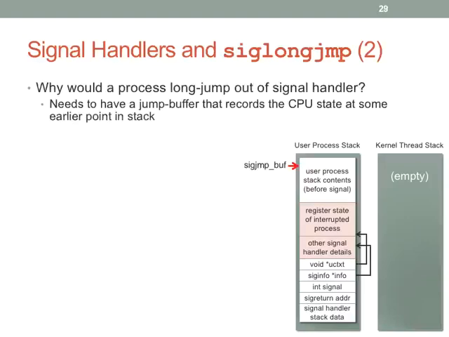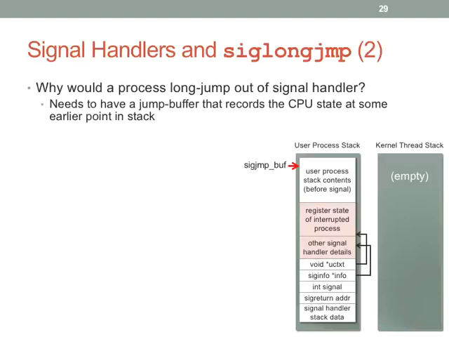So why would a process longjmp out of a signal handler? Remember that somewhere there will be a jmp_buf, or if they're writing a good program, it'll be a sigjmp_buf, because they want to make sure they're doing a siglongjmp out of the signal handler. So that'll be a jump buffer that is in an active stack frame. And remember, that was a really key detail. It has to be within an active stack frame.